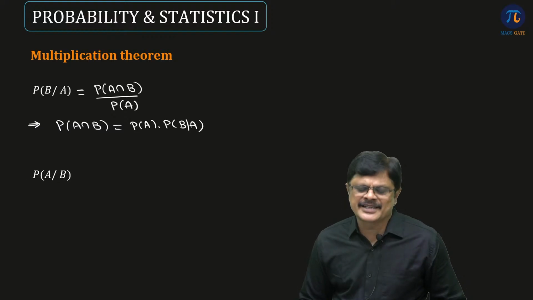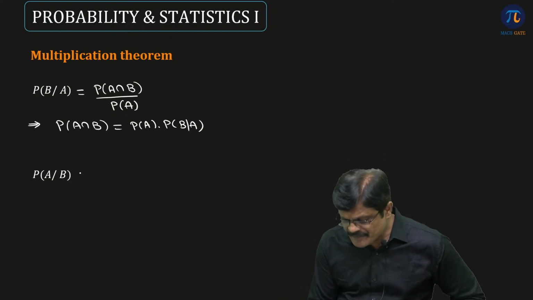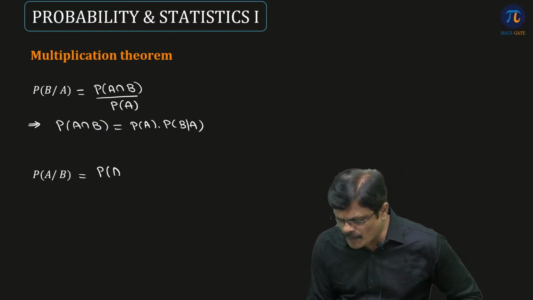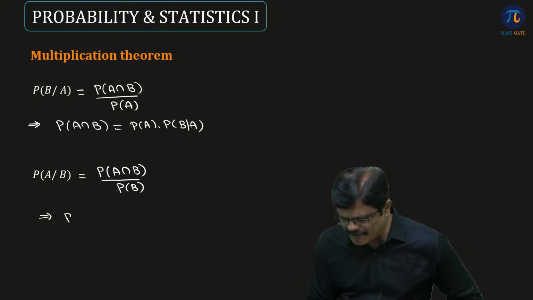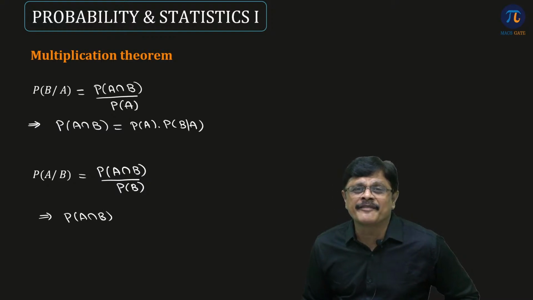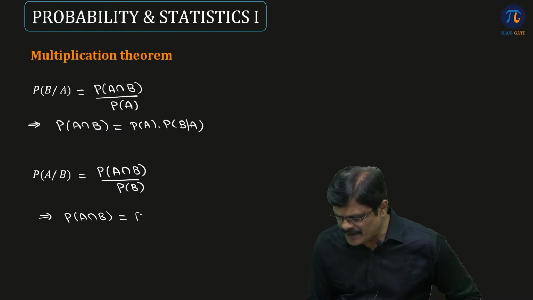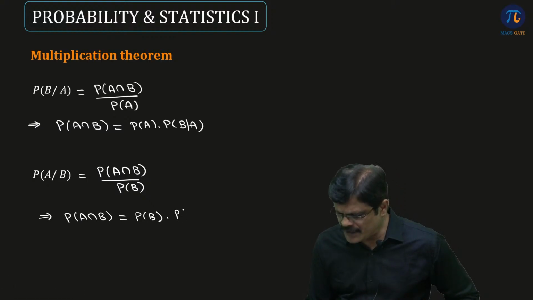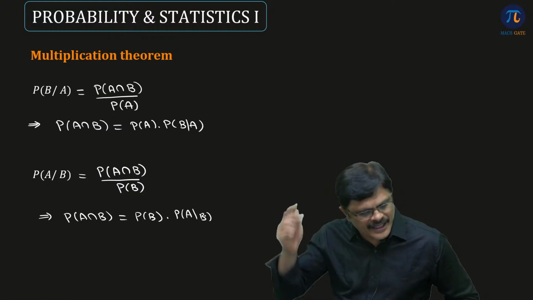Now we have also seen this result, that is probability of A given B, according to the conditional probability definition, is probability of A intersection B upon probability of B. From this we can get the formula for probability of A intersection B, and that is given by probability of B into probability of A when B has already happened.